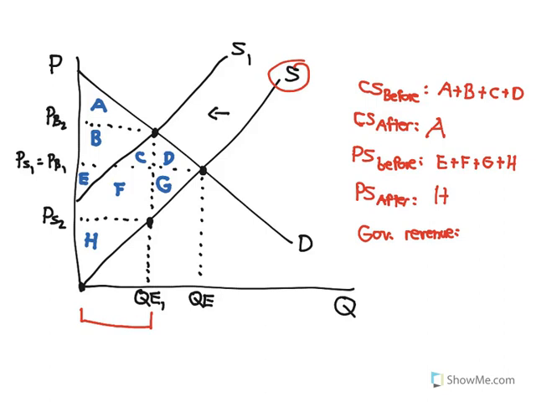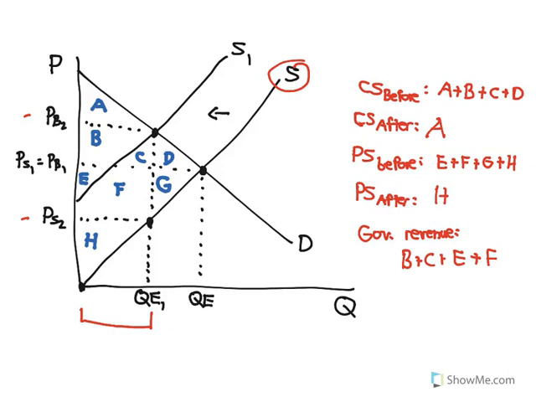And then how much money is each of those units being taxed at? Well, it's the difference between PB2, what buyers are paying, minus what sellers are receiving. The difference, because those aren't the same number, has to be the size of the tax. And so the government revenue is B, C, E, and F. If you're looking for a shortcut, government revenue tends to be a box. So if that helps you, then that's great.